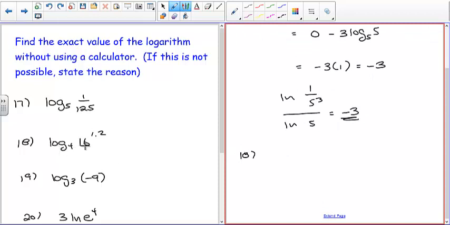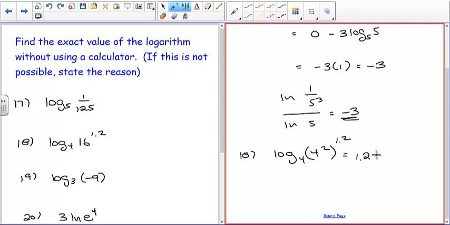Log base 4 of 16. Okay, so 16 is 4 raised to some power, which is the second power. So what we could do is say that 16 is 4 squared, and then we raise that to the 1.2 power. Now we could use this property of exponents twice, so we could take this outside.